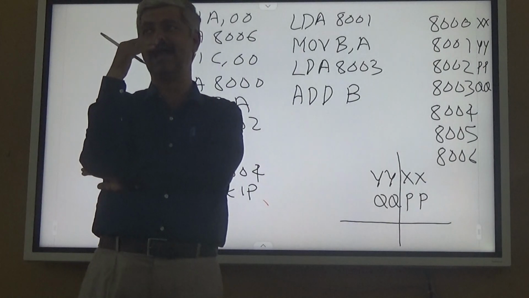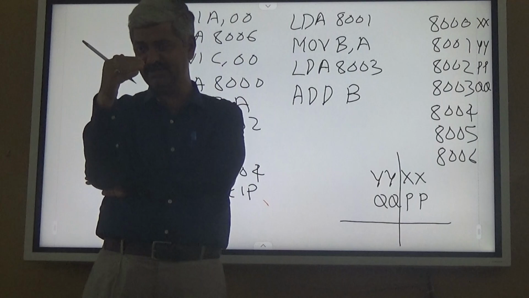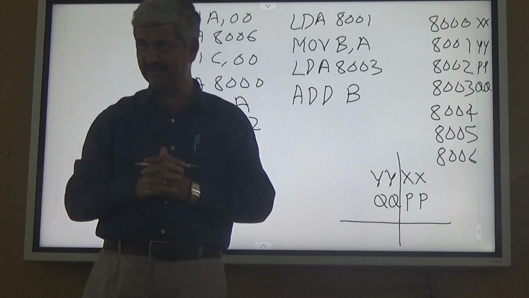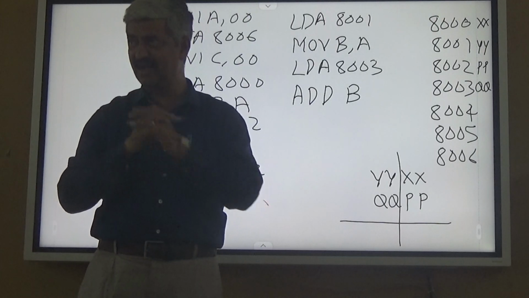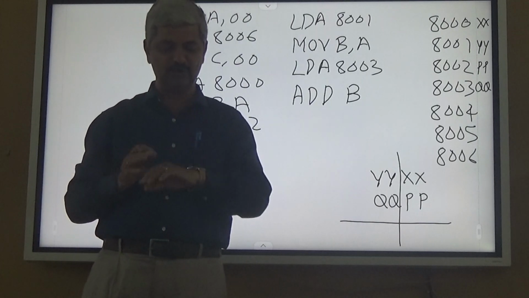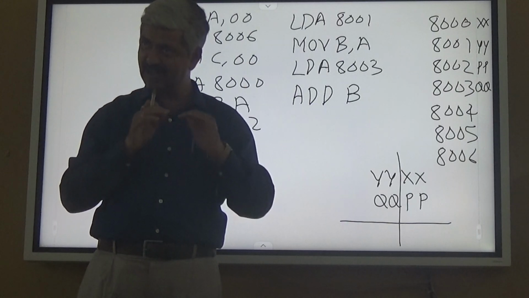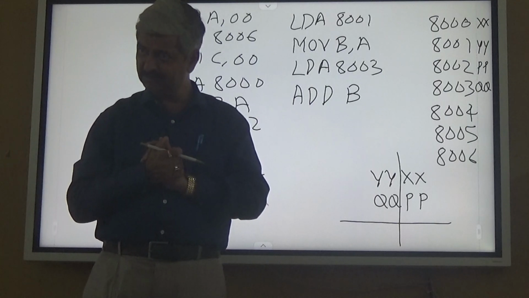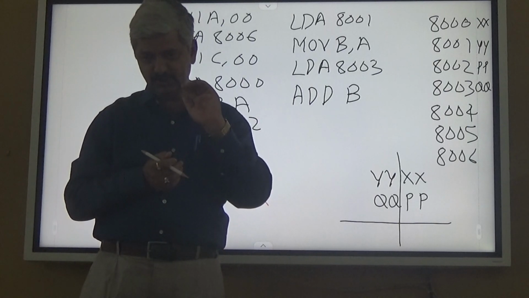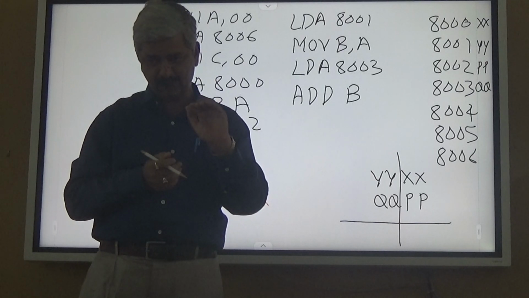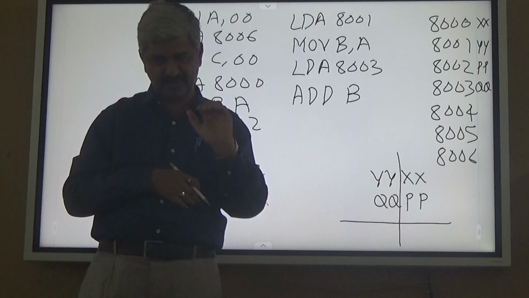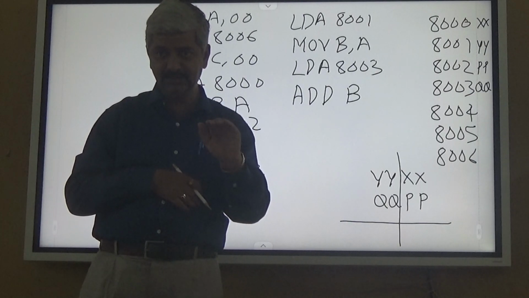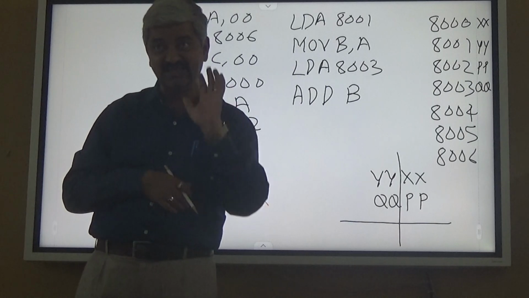When we want to add two 16-bit numbers, 16-bit means 2 bytes. Each number is 2 bytes, lower byte and higher byte. We add the lower bytes of both numbers in the beginning directly, and the addition of the 2 lower bytes of both numbers will be the lower byte of the final result.